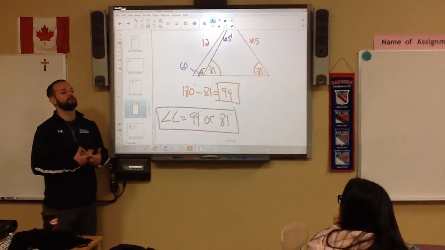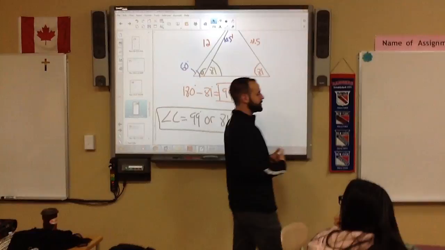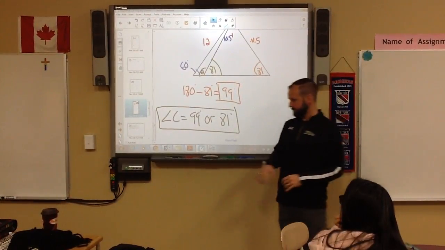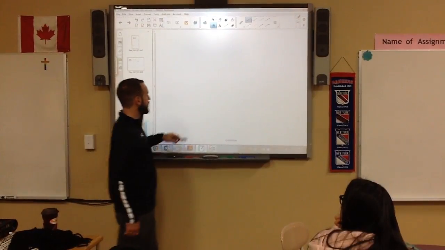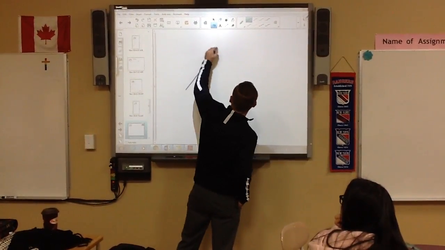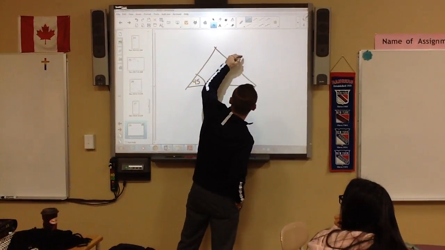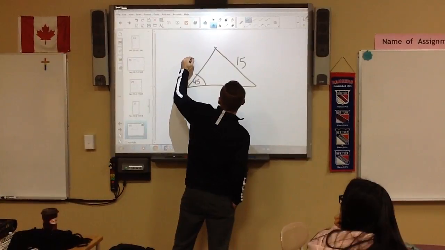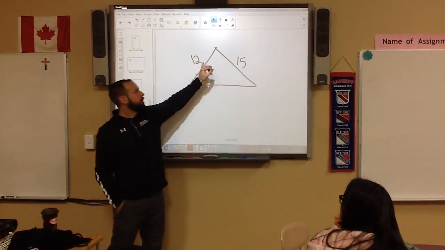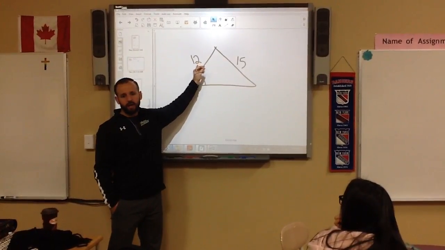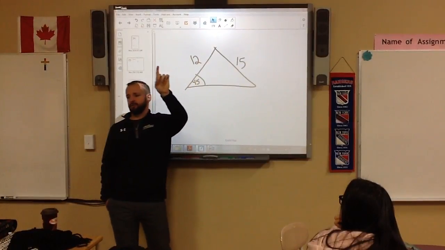So feel free whenever those questions come up where they have to say, give all solutions. The big thing you want to look for, if I could give you a spark note, is if I give you a triangle, if I give you an angle of 45 and I give you this is 15 and this is 12, always look at this side here. Okay? If this number is bigger than this side, you know that there's only one answer. Okay?